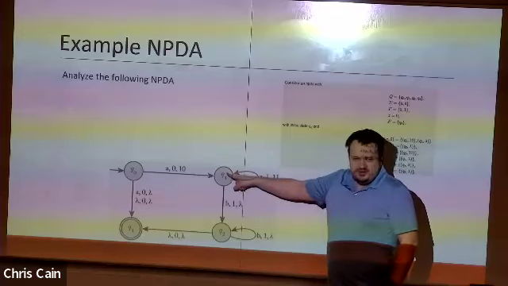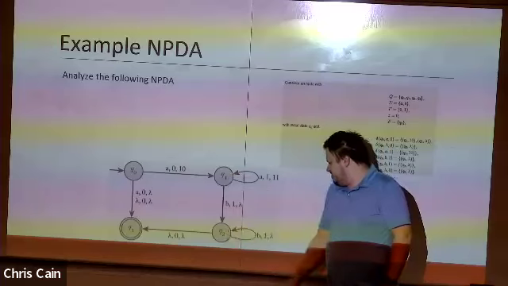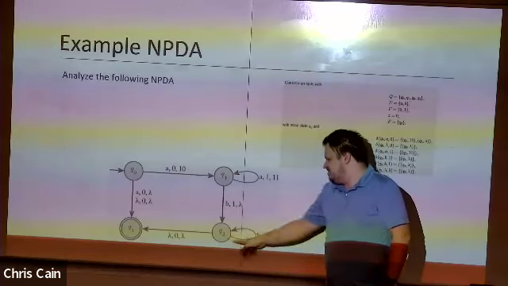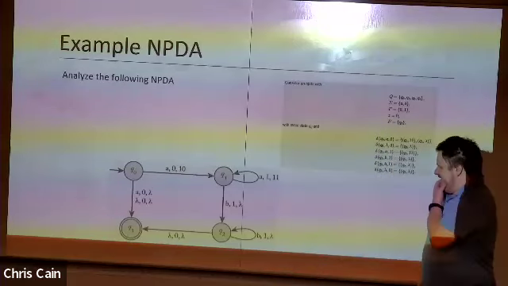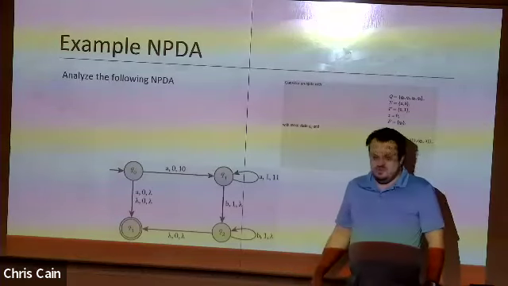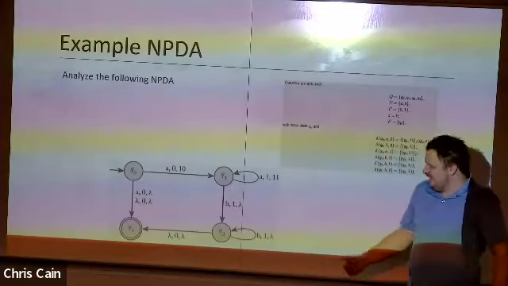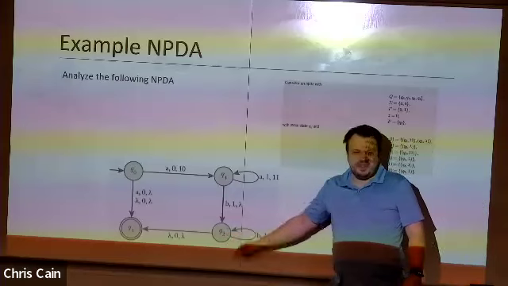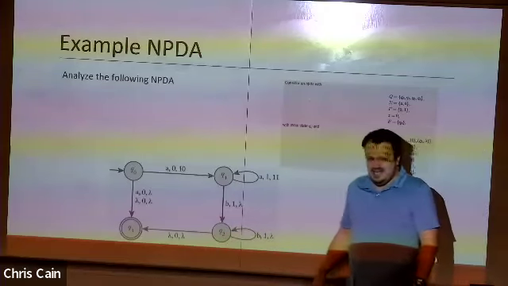But then on our first B, we make a transition, removing a 1, and then we can sit there and remove a bunch of B's as long as there's a 1 on the stack. If there's a 0 on the stack, that means we have A to the N, B to the N, B something, which is not in the language. So there's no transition defined for that, but that's okay. We'll just terminate in a non-final state and reject.